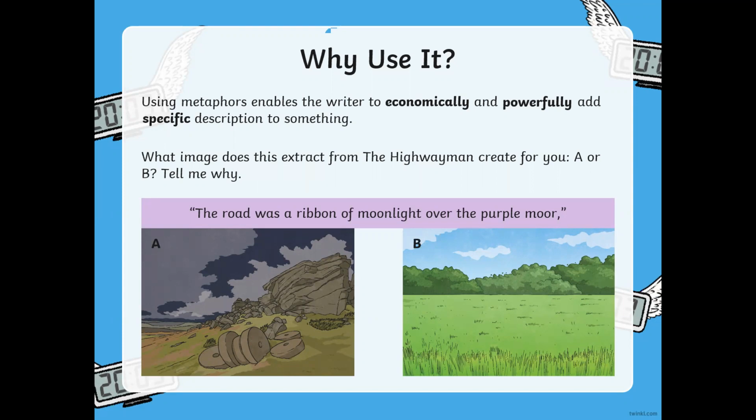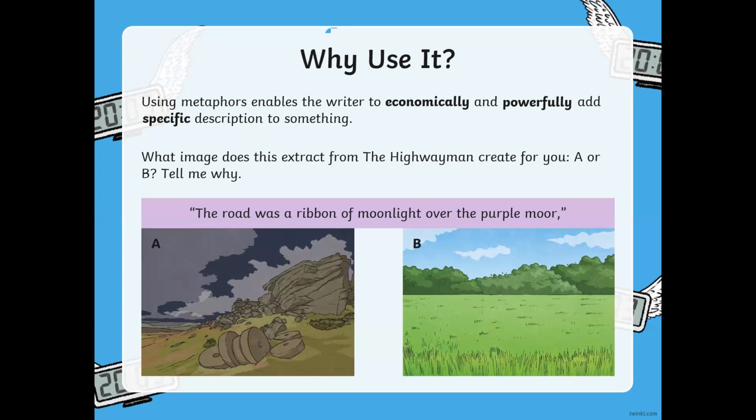What do you think, Micah? What imagery comes to your mind? The first one or the second? Why do you say the first one? Because when they were talking about moonlight and in that picture, it's dark, so it's nighttime, so you would be able to see the moonlight.